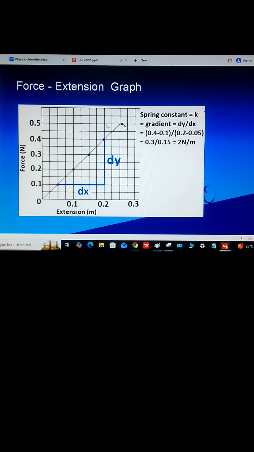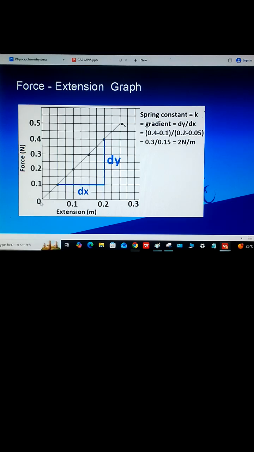After that, we draw a graph, the force extension graph, whereby on the y-axis we have the force in newtons, that is the weight, and on the x-axis we have the extension in meters.